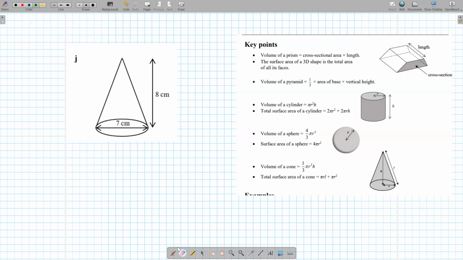Let's try finding the surface area of the shape. So that was the volume, okay? What about the surface area? Pi times radius times length. Okay, what's the length? The radius is 3.5. What does the length represent?